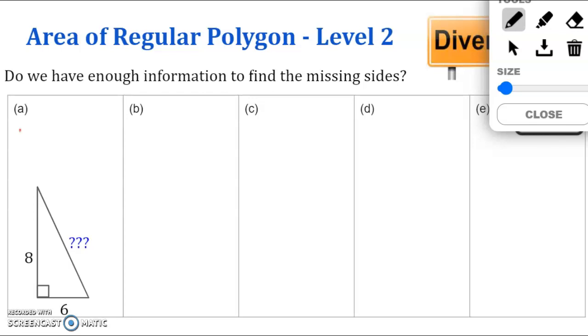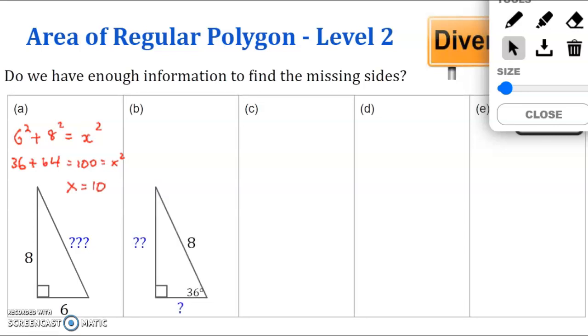So it's going to be 6 squared plus 8 squared is going to be, if I call this x, x squared. So that's 36 plus 64, which is 100. So x squared is 100, so x is going to be the square root of 100, which is 10. So we have enough information.